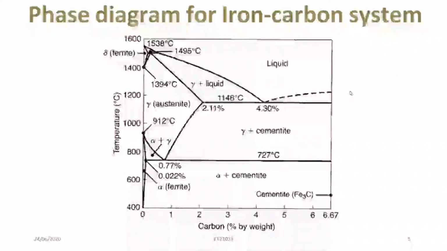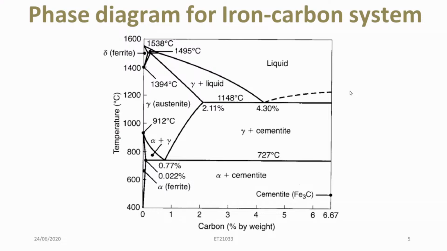As we heat or cool, iron can exist as ferrite or austenite, a high temperature form, or combine with carbon to make cementite. This material is very hard and brittle.